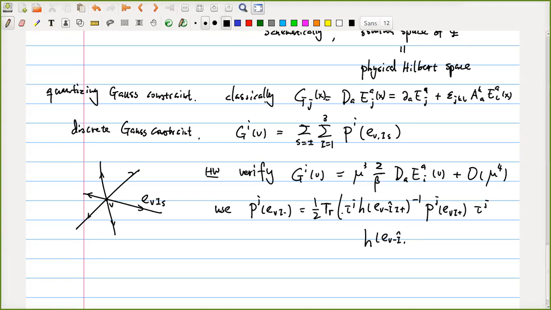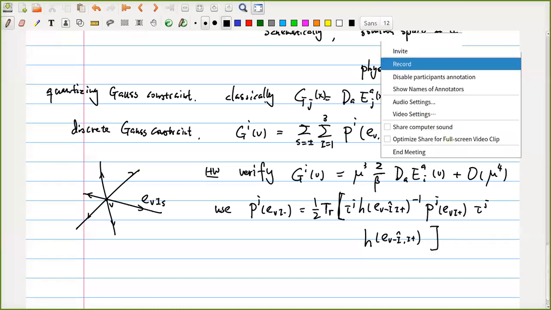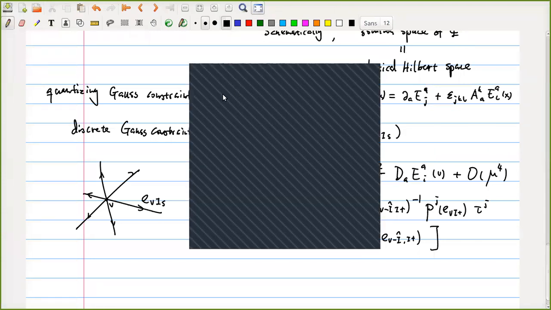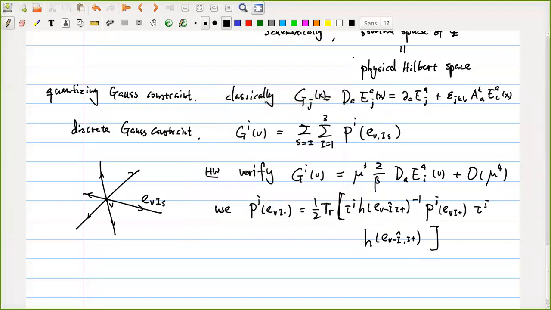So you use this formula to flip some edges, to flip some flux backward. This is the formula for p if you reverse the direction of the edge, and you have to use it in order to verify this relation.